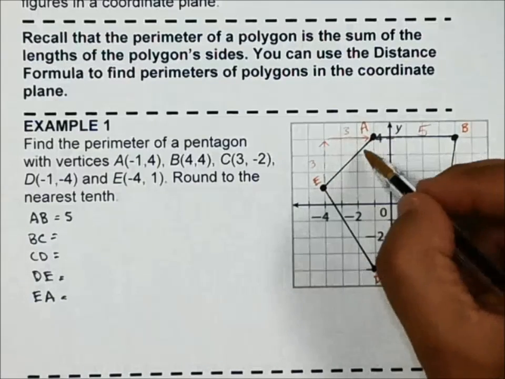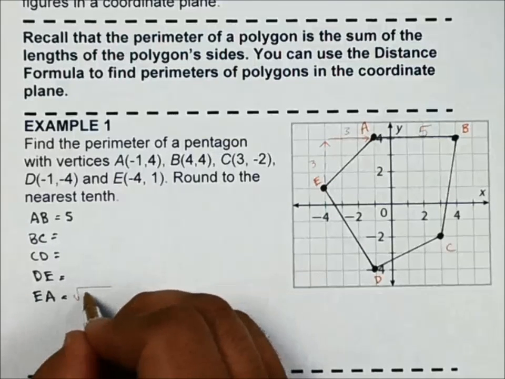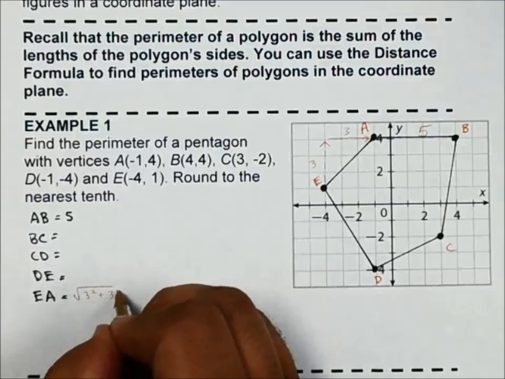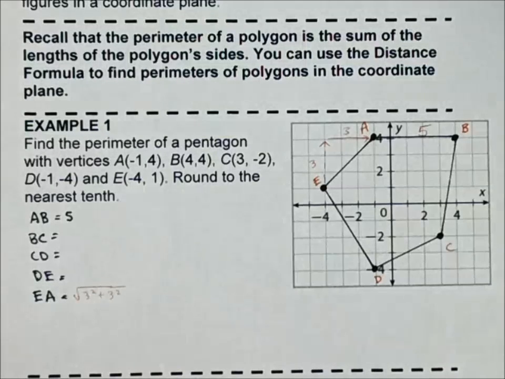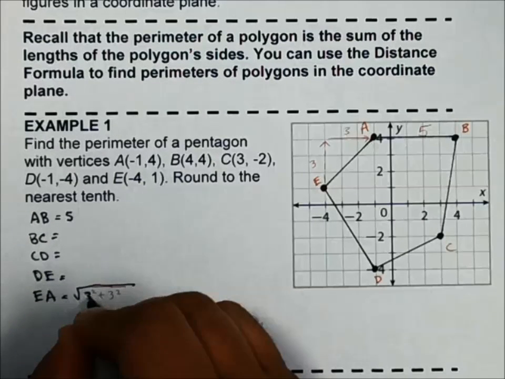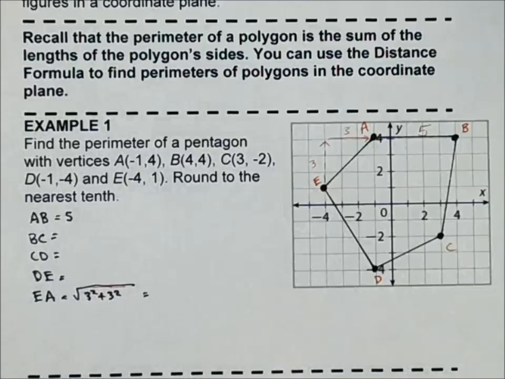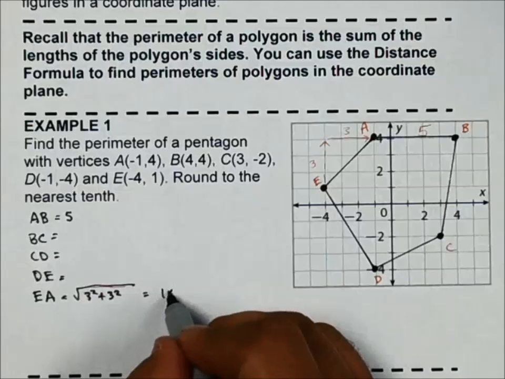So EA is going to be the square root of 3 squared plus 3 squared, which is going to come out to the square root of 18.